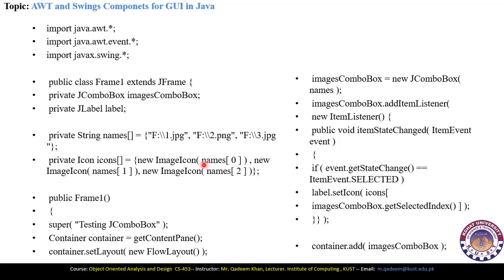Icon 0 for example will represent this icon, and icon 1 will represent this icon, and 2 will represent this icon. And then we have added this combo box inside the container with container.add(imageComboBox).